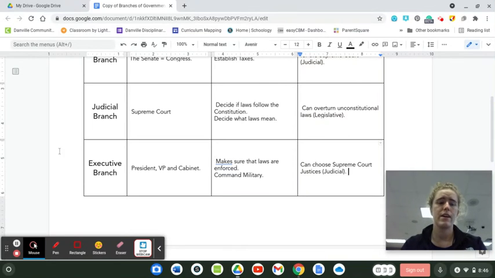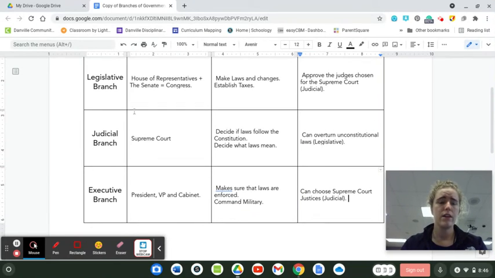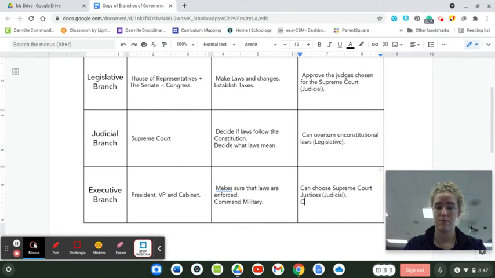So the executive branch and the legislative branch, they actually work together to decide who gets to be on this branch. But if the judicial branch decides that they don't love the executive branch, what they can do is they can overturn the president's actions.